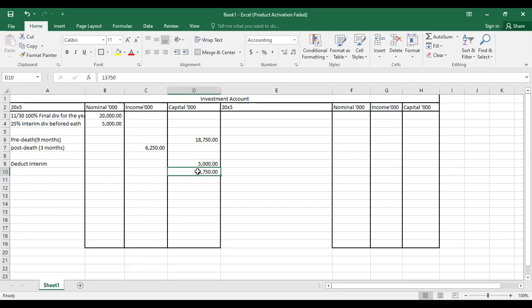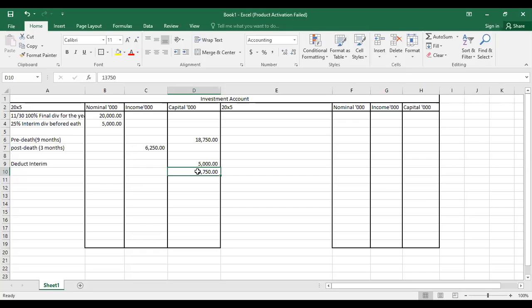Now assume the same example. Only that now I'm just playing with the dividend. This time let us have the interim dividend to be 110%. So final dividend 15%, interim dividend 110%. You just need to add a 0 to your answers.